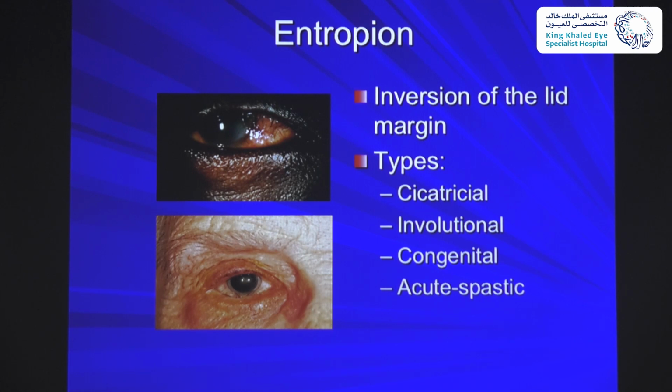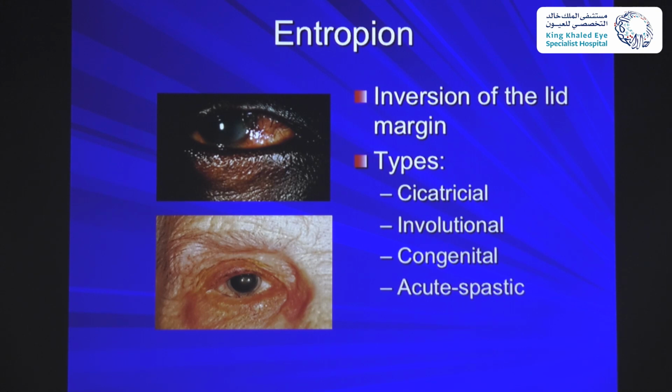If the lid margin is inverted inside, this is congenital entropion. In some races epiblepharon is way more common, especially in Asians, and we see it here frequently. The good thing about epiblepharon is that it improves with time, so we don't need to rush for surgery unless there is corneal ulceration or compromised ocular surface function, in which case we need to intervene surgically.